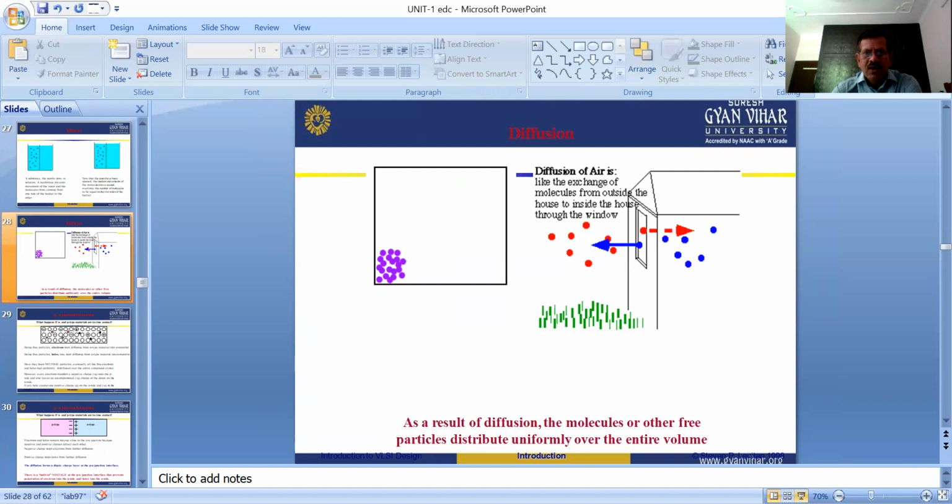This is the phenomenon of diffusion of electrons and holes, the charge carrier movement process from one side to another side or into the semiconductor materials.